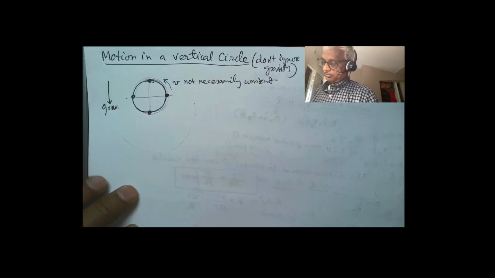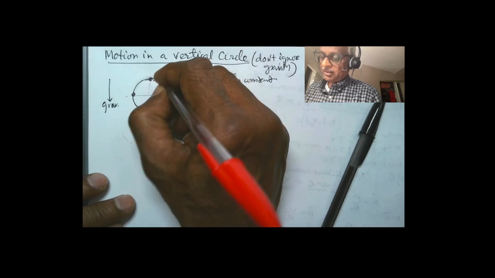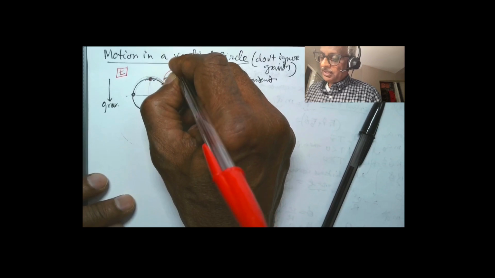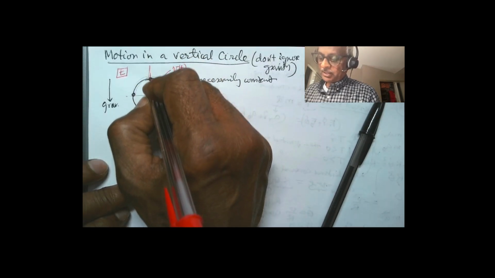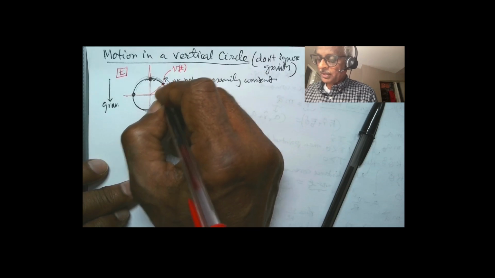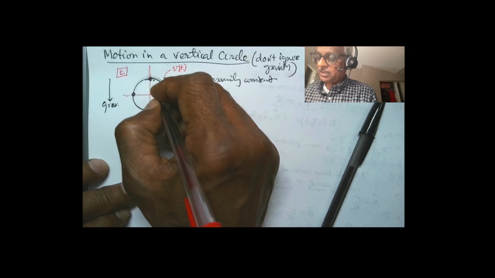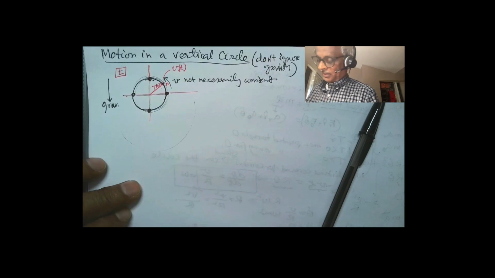We're going to assume that at this point, at some time t, the speed is v of t. Again, it's the same string, and we want to know what the tension T is going to be like. Mass is m.